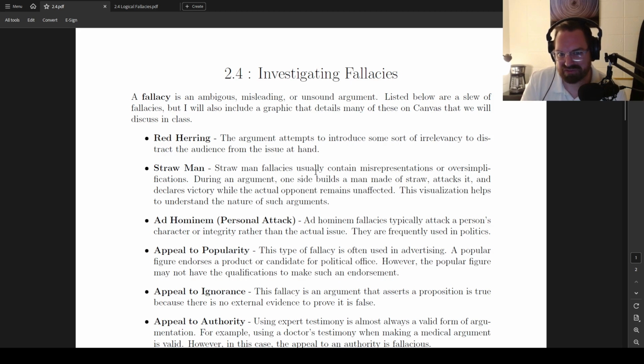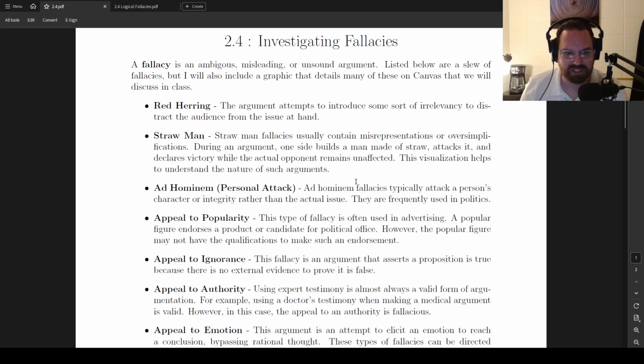I'm saying you have responsibilities to be a part of our family. That's a straw man argument. It contains a misrepresentation of what the actual argument is when I'm asking them to do something. Essentially, you build a man made of straw, you attack it, and then declare victory while the actual opponent remains unaffected. So it's a good visualization.